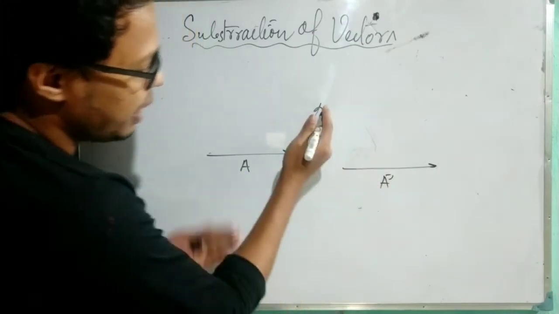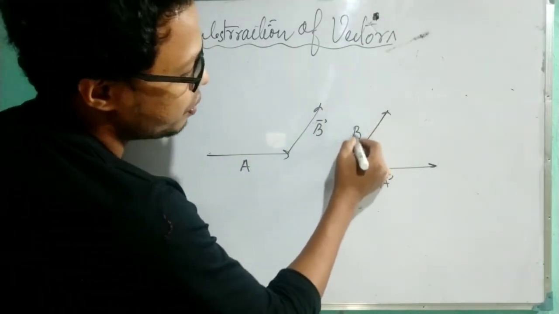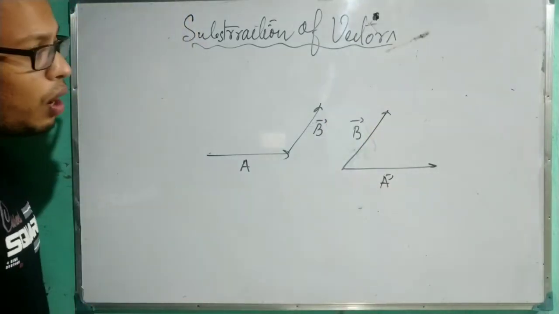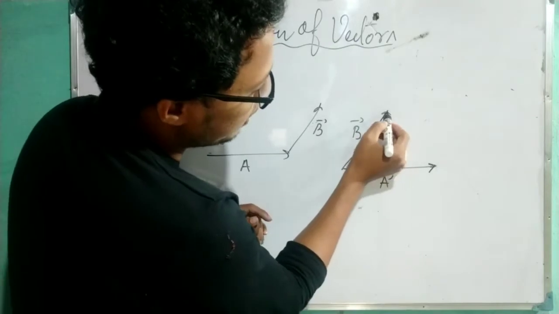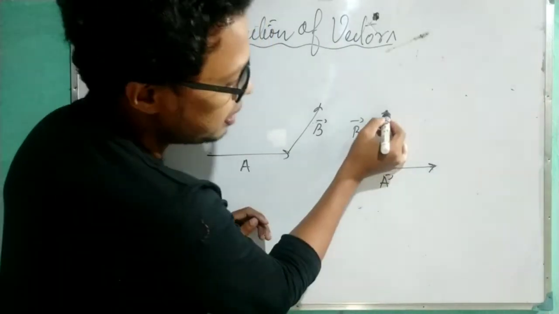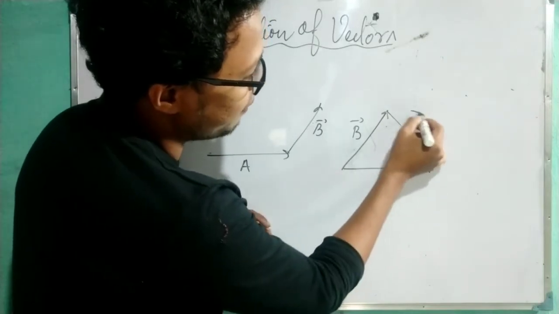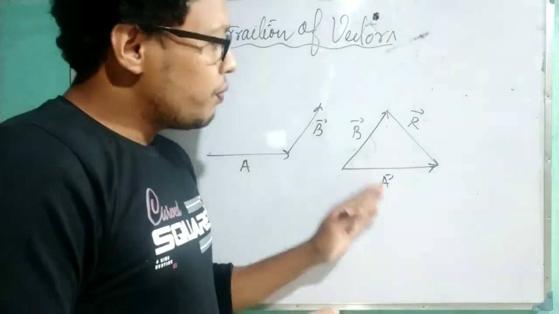This is A, and draw the vector B over here by parallel shifting. Now choose a resultant vector, one vector from the arrowhead of B to the arrowhead of A, means this one. Suppose this vector I am calling R, to subtract B from A.